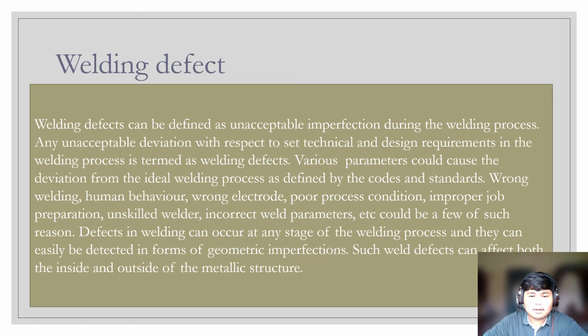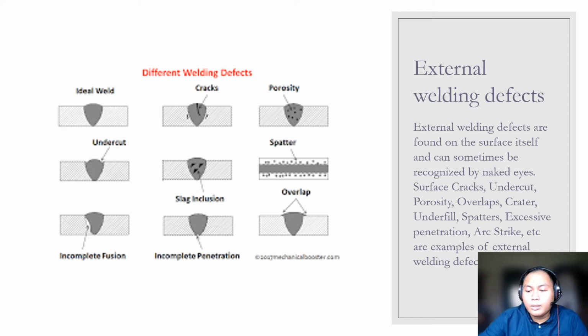Defects in welding can occur at any stage of the welding process and they can easily be detected in the form of geometric imperfection. Such weld defects can affect both the inside and outside of the metallic structure. External welding defects are found on the surface itself and can sometimes be recognized by the naked eye.